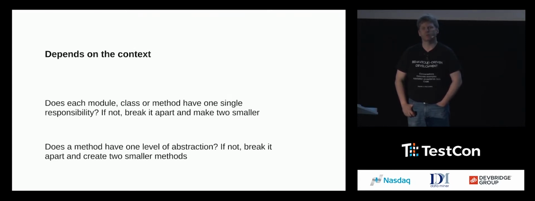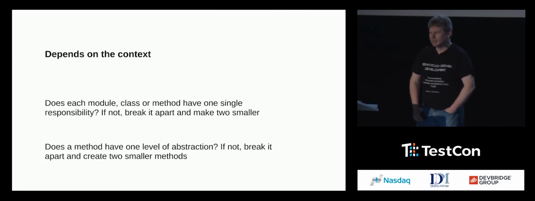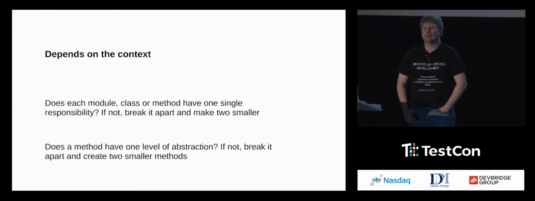Are you doing one thing or many things? If you're doing many things, it's probably too large. Level of abstraction. Do you have more than one level of abstraction? Yes or no? If you have, then you probably have something that should be refactored, and perhaps there are 2 methods waiting to happen.